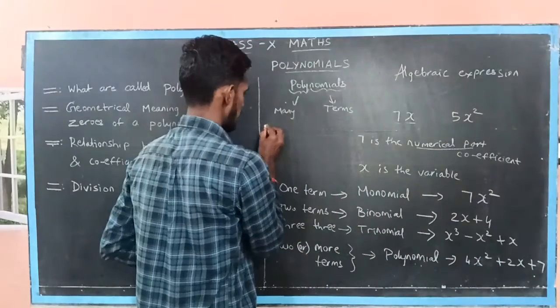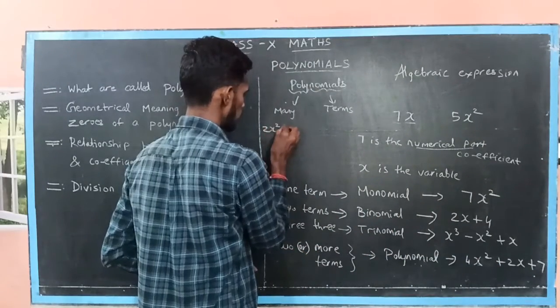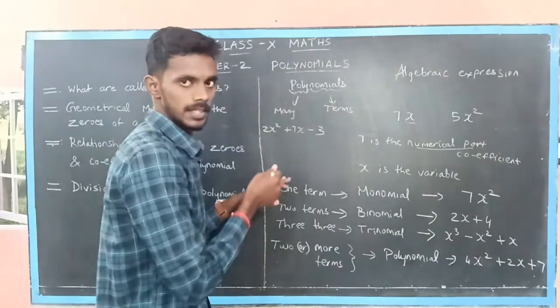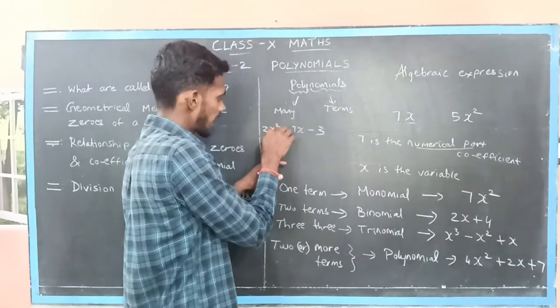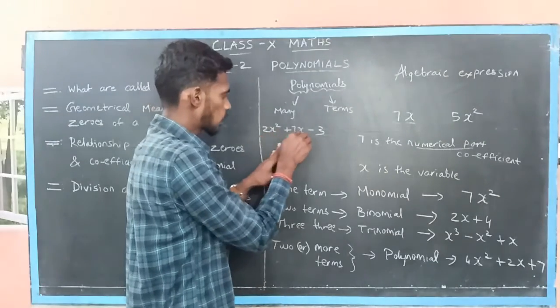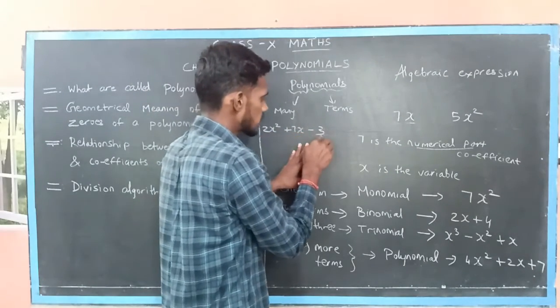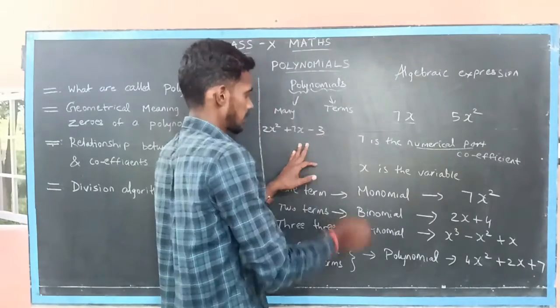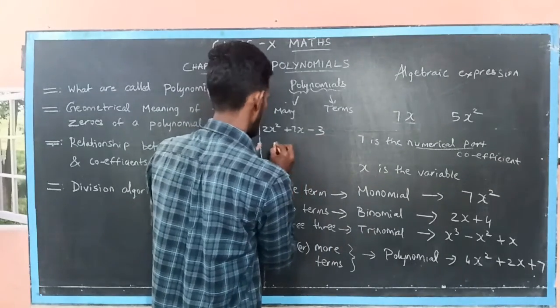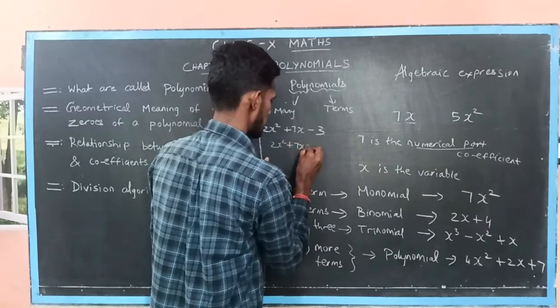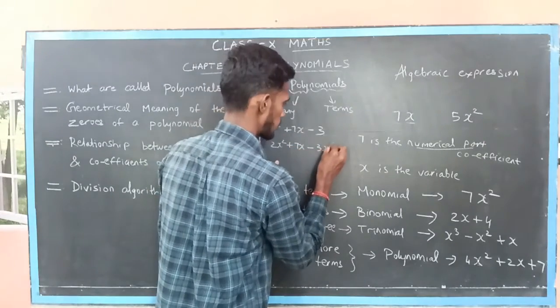Let me consider the example 2x square plus 7x minus 3. Here the coefficient of x square is 2 and the coefficient of x is 7. Then the constant term here is minus 3 because it can be written as 3 into x power 0.